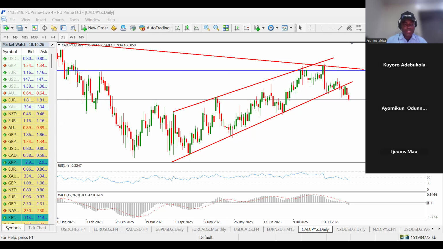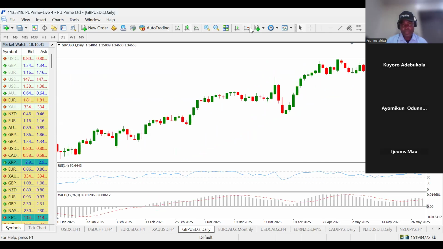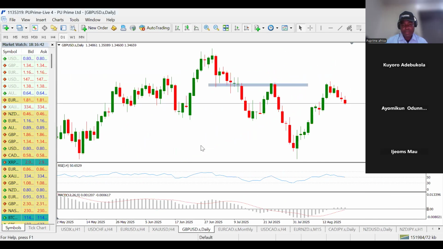Another example of the bearish engulfing candlestick pattern is the GBP USD on the daily time frame. Here we have a bearish engulfing candlestick pattern at a previous support turned resistance, and that led to further bearish continuation.